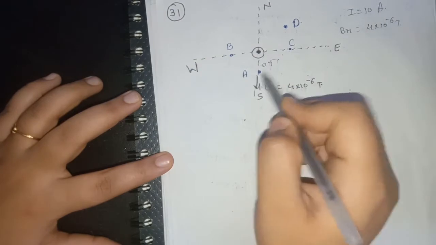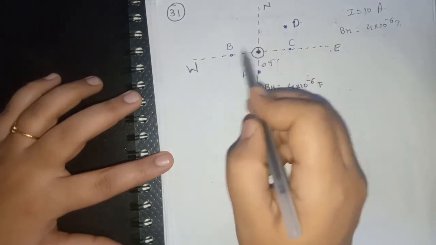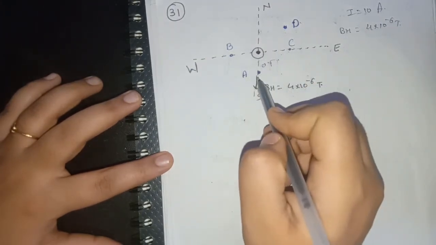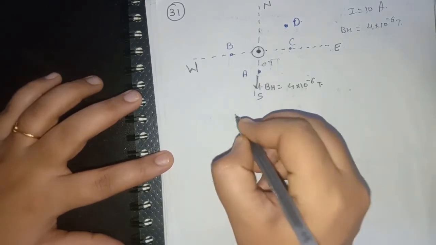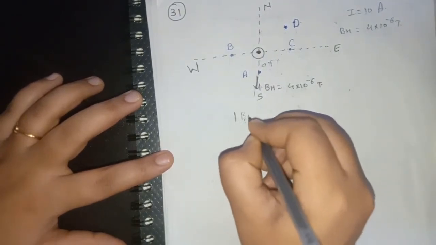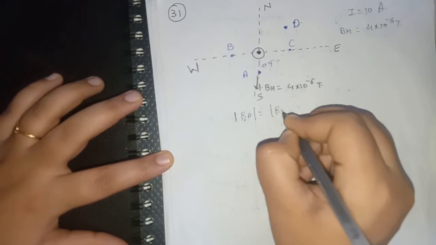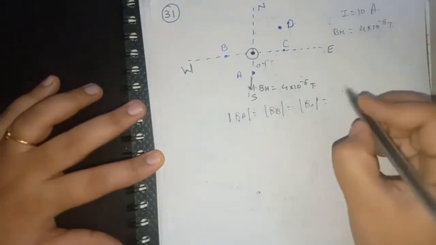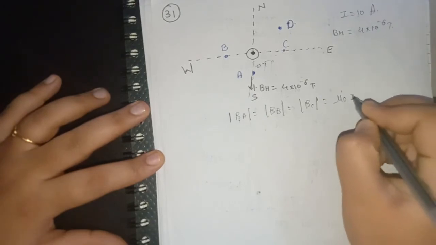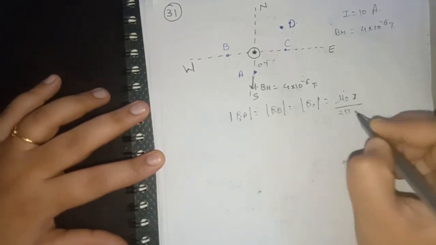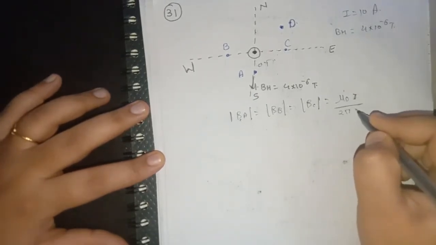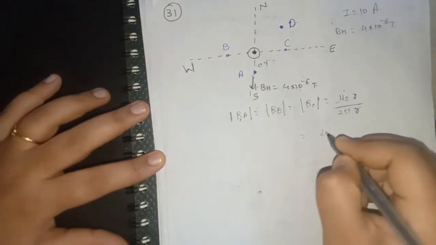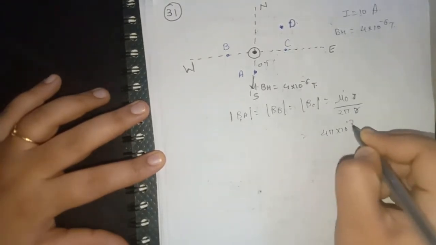As these 3 points are at the same distance from a long infinite length conductor, the magnitude of magnetic field at A, at B and at C will be the same. That is mu naught I upon 2 pi r. Mu naught is 4 pi into 10 power minus 7.